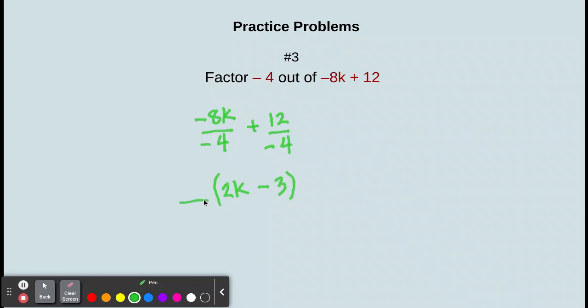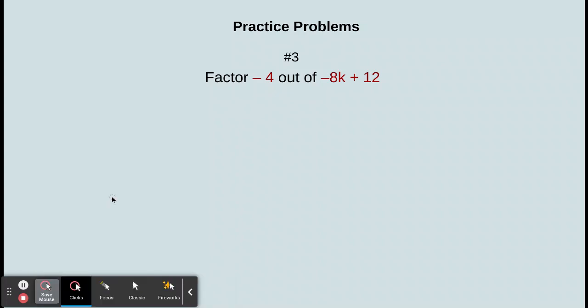And then out here goes something. What is that something? And that is your answer. You can also check it to make sure that when you multiply it out, you get that. And that is the end of 3.4.